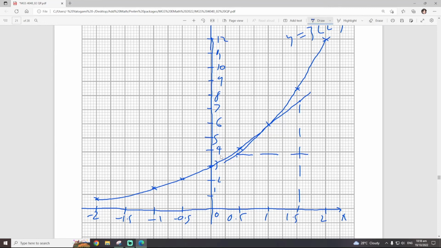Okay. So this seems to be 3.8, and this here seems to be 7.6.